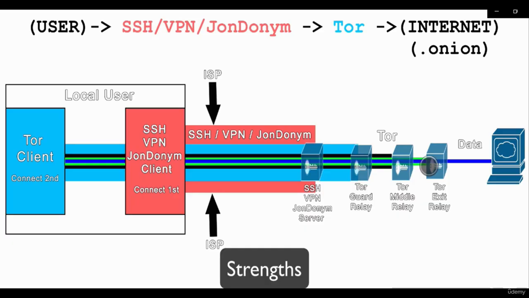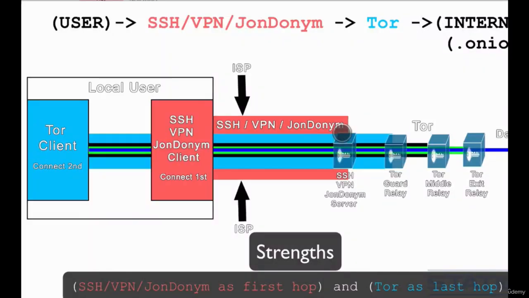The SSH VPN JonDonym server creates an extra layer for the incoming attack, then the layer goes next to the Tor guard relay and Tor middle relay, and finally the layer is stopped by the Tor exit relay.